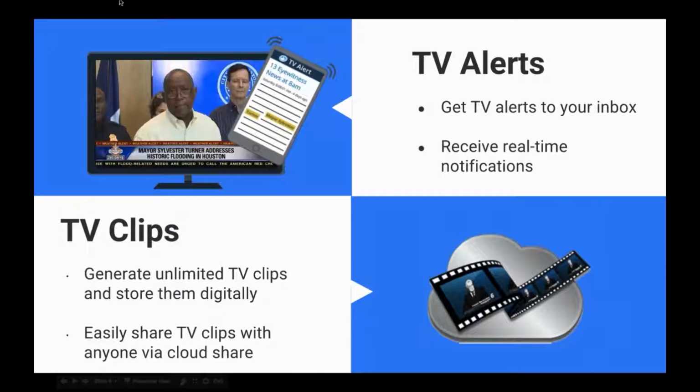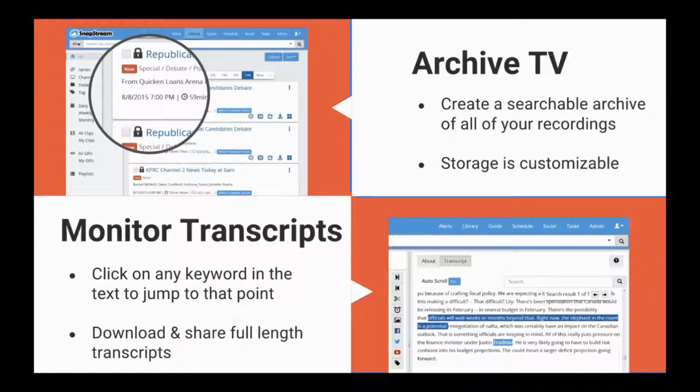You can have an unlimited number of users on Snapstream as well. And once you've found something, either from an ad hoc search or from a TV alert, you can create a clip of that really easily, and you can share it in a bunch of different ways, including to people that don't have access to Snapstream, including people within your local area network that do have access to Snapstream.